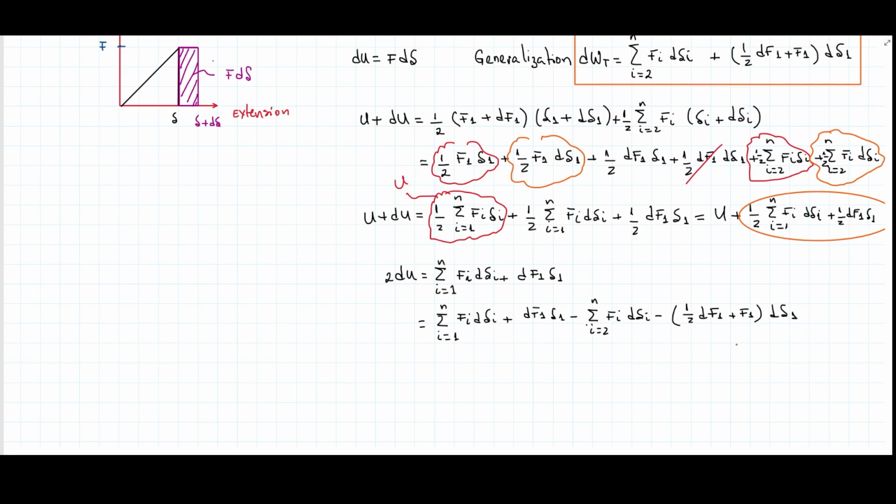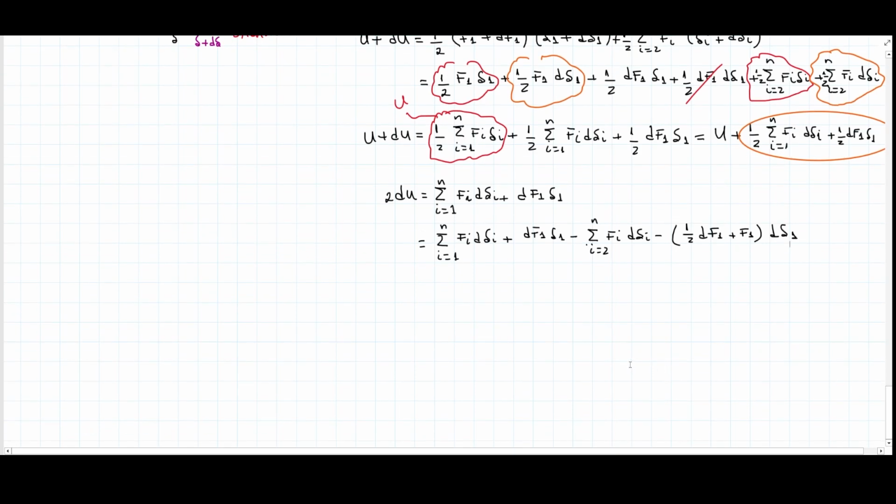Now I can expand this. So I have this one here, and it is convenient to extract this parenthesis here to see the terms in a cleaner way. So let's do it. Plus this one here.